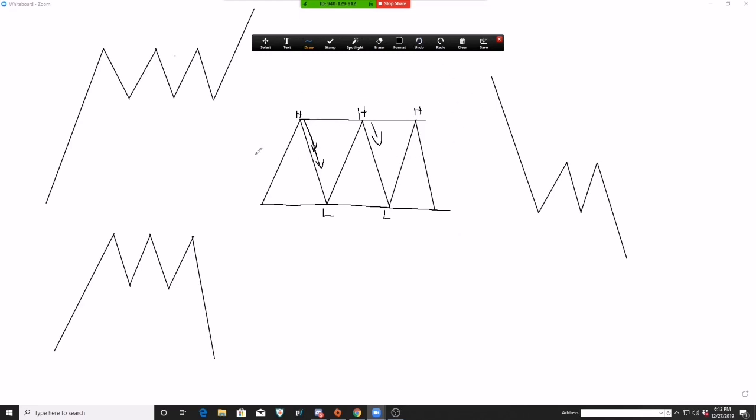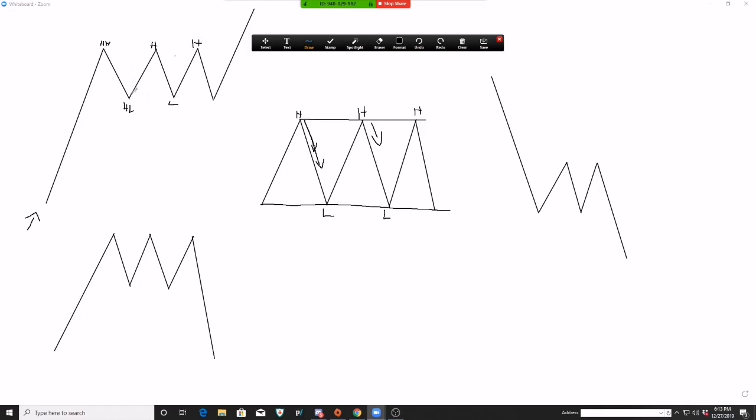Now, there's many different ways you could tell if price is going to break out to the upside or the downside in a range. And that's, first of all, if you can identify if price had previously been trending before. So like in this example over here, let's just say price was previously trending bullish and just started ranging. Right here you have a higher high, here you have a higher low. So then price formed a high, then a low, then a high, right?